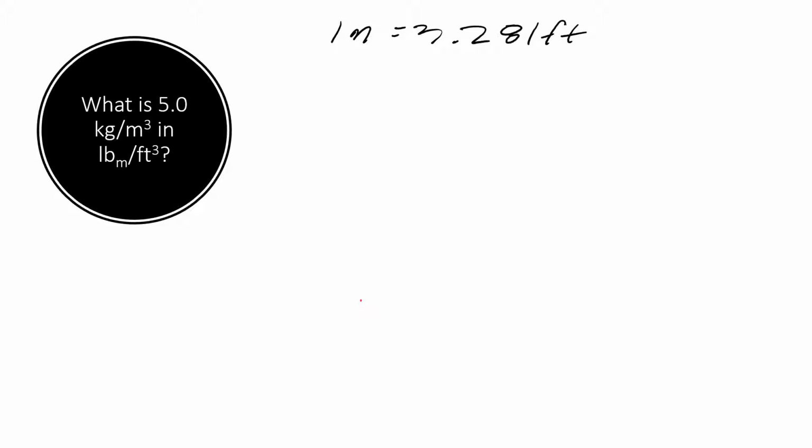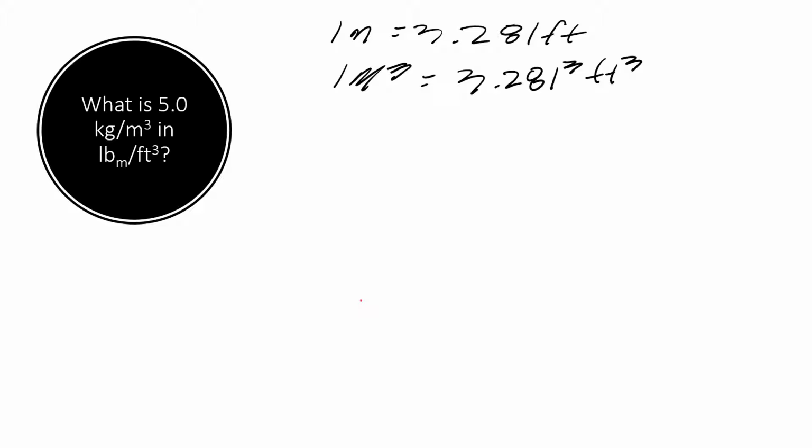I can't keep that other one in my head. I can keep a certain select group in my head. This one I remember, 3.281 feet per meter, and I can easily turn that into meters cubed. But you may find a conversion factor table that has this already in volume units.